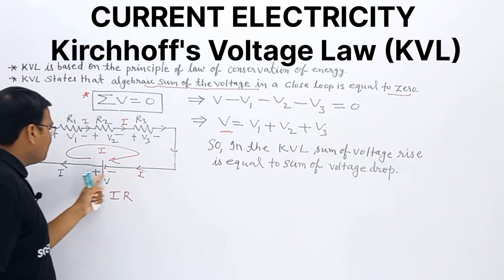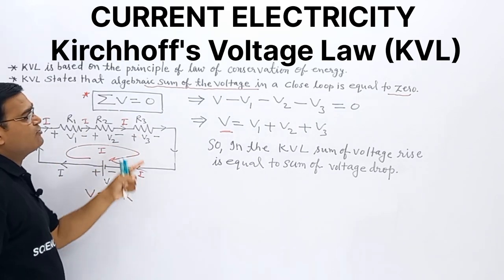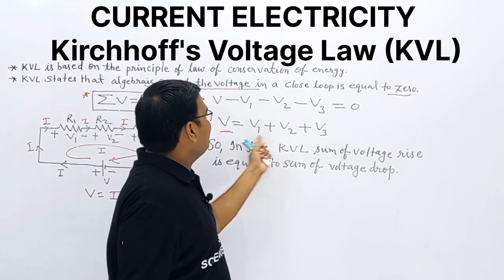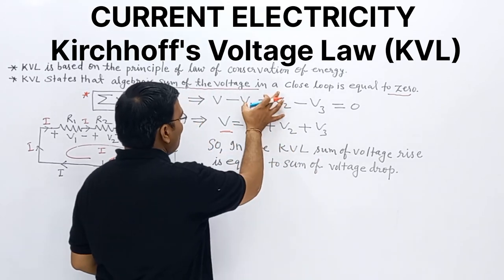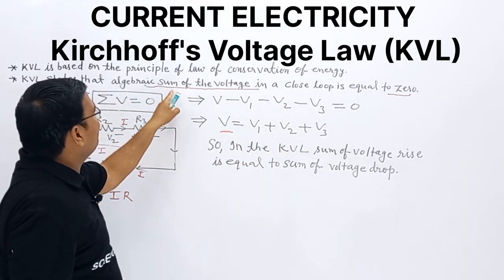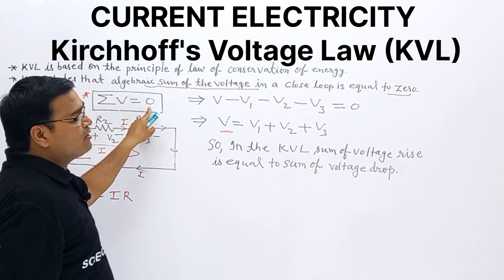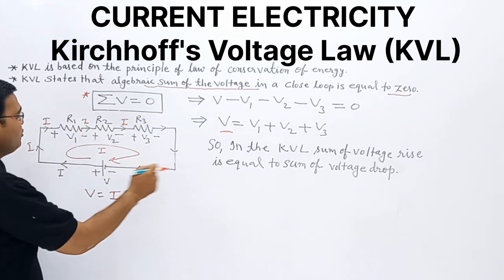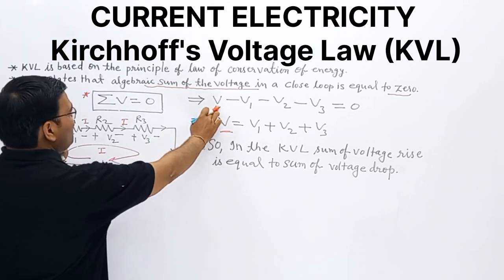So we can say voltage rise must be equal to voltage drop. This is Kirchhoff's voltage law. The main statement is that the algebraic sum of the voltages in a closed loop is 0. Clear? Current entering the negative terminal, we take the sign of voltage as positive.